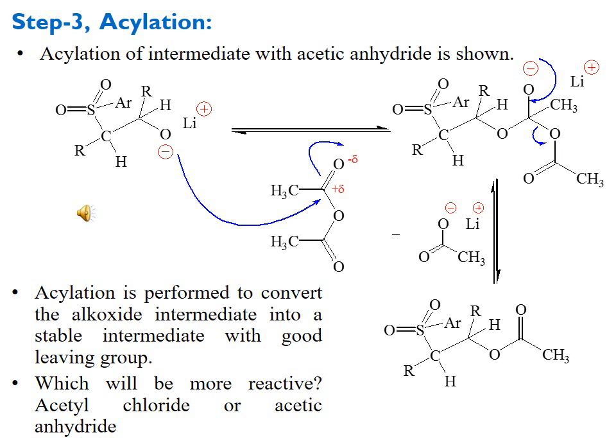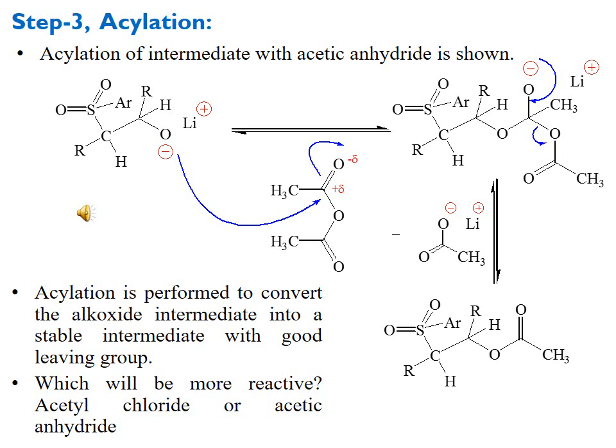Here the byproduct is acetic acid or acetate ion, which is less acidic and less toxic as compared to that of acetyl chloride. In that case, the leaving group is chloride ion, which will be yielded as HCl and so on, and this is a dangerous byproduct as compared to acetic acid.